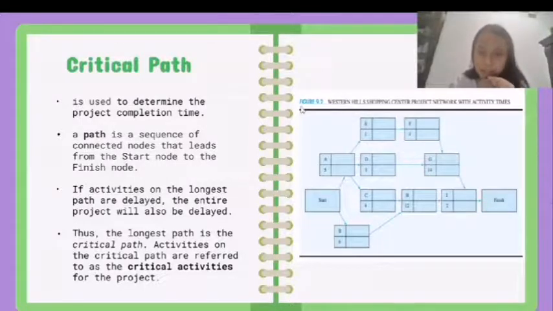For example, in Figure 9.2, there are 4 paths that lead from the start node to the finish node, which are path A, E, F, G, I; path A, D, G, I; path A, C, H, I; and path B, H, I. If activities on the longest path are delayed, the entire project will also be delayed. Thus, the longest path, or the path that requires the most time, is the critical path. Activities on the critical path are referred to as the critical activities for the project.